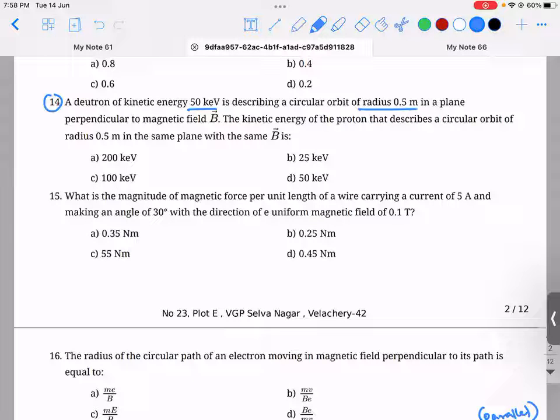Deuteron is H 2 1. Proton, deuteron. Now you try. You have isotopes of hydrogen, right? From the isotopes of hydrogen, the second isotope, that is deuterium, if you remove one electron, you call it a deuteron.